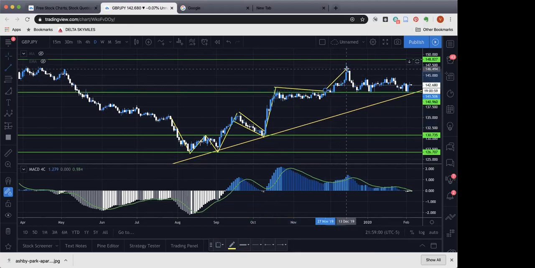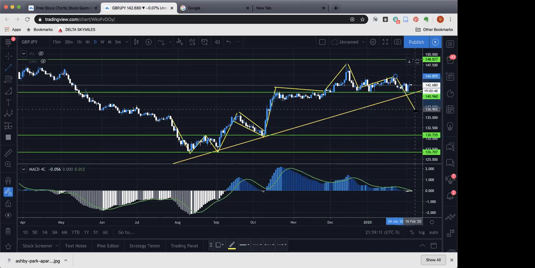Made the head. Came down. Right shoulder. And now it's coming back down. But if I'd have known market structure then, I could have played all of these moves.